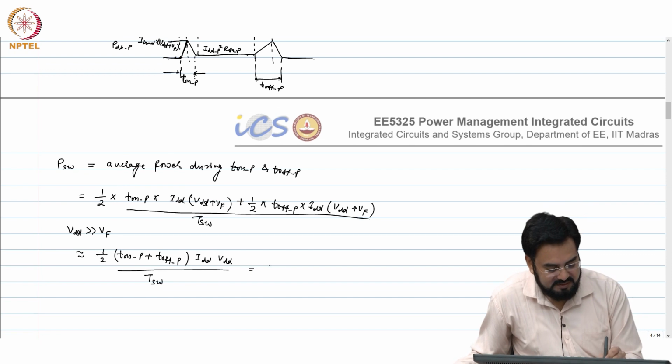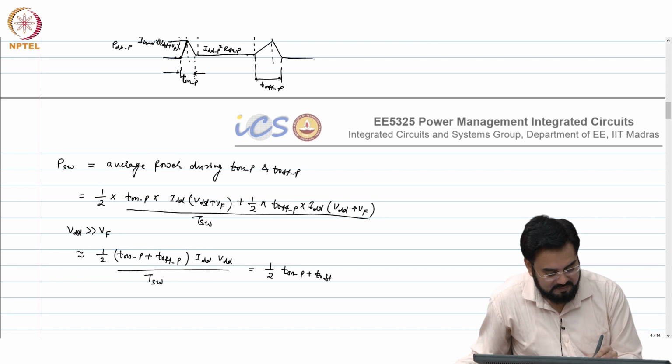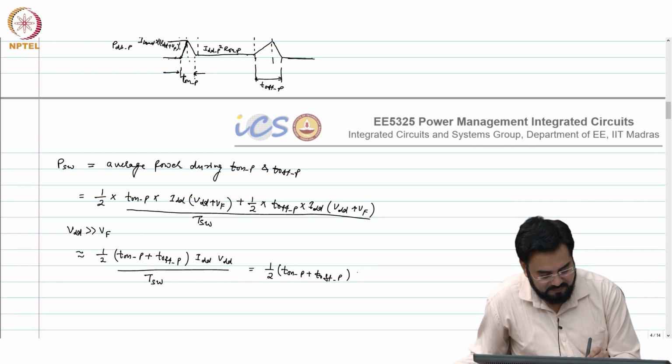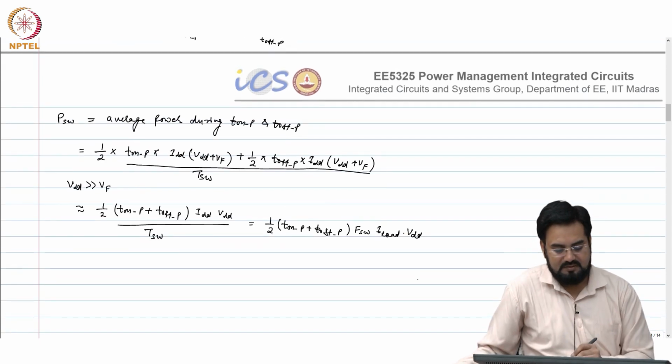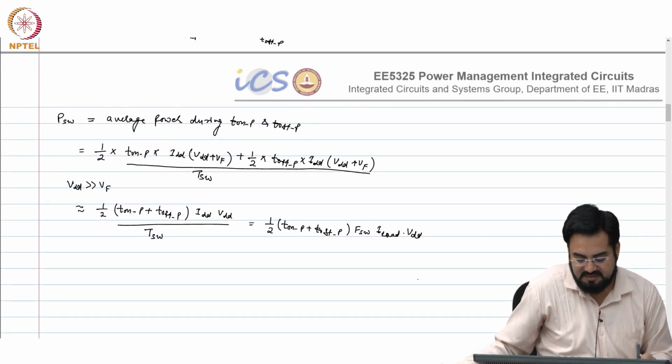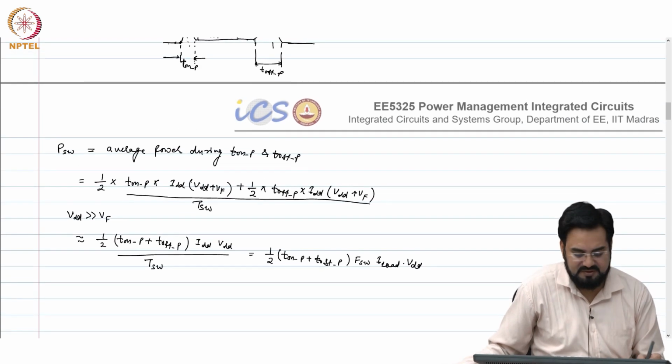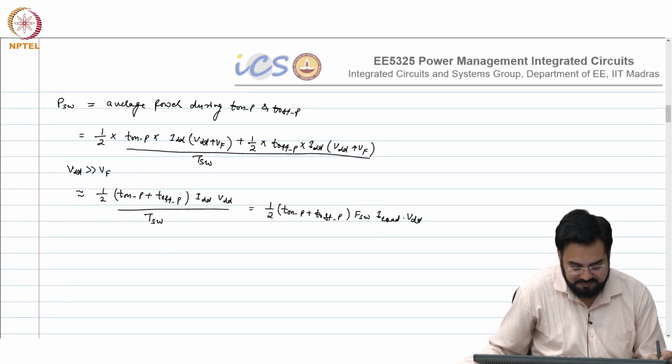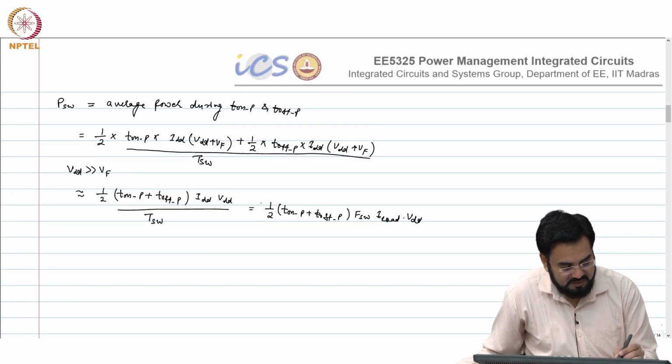You can also write this I load, okay, because IDD is nothing but I load if you ignore the ripple. So, this is what you remember actually.